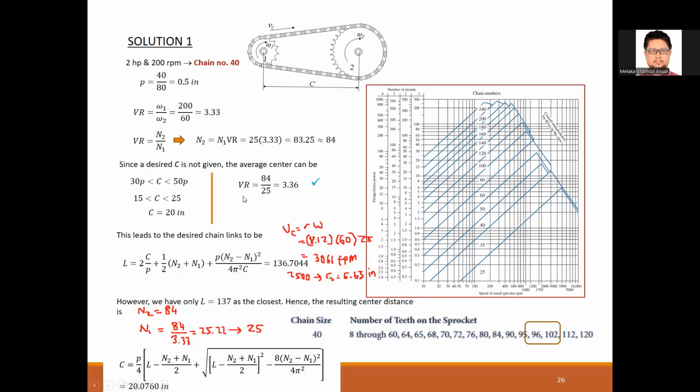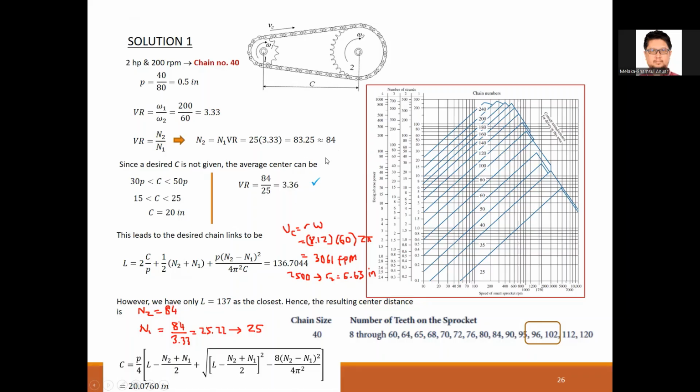Okay, so if you decide N1 to be 25, N2 should be 84. If that is available, you can choose one as 25 and the other as 84. Gear teeth need to be an integer, cannot be 83.25.